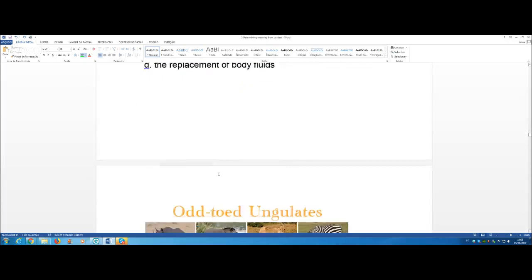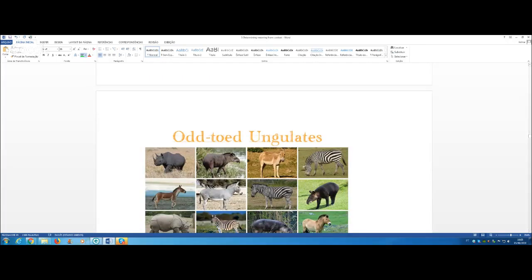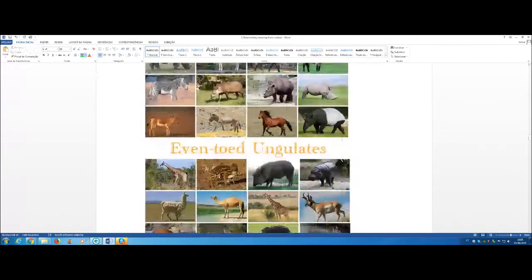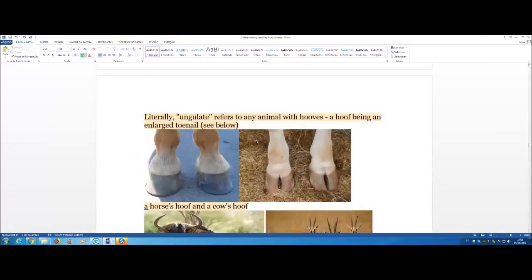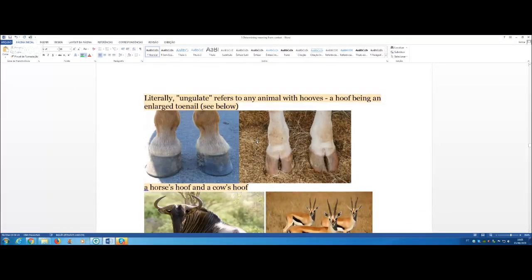All right, now, it's something very, at least for me, kind of strange. Ungulates and even-toed ungulates. What is this? Let me see if I have more pictures. Maybe the shape of the foot.